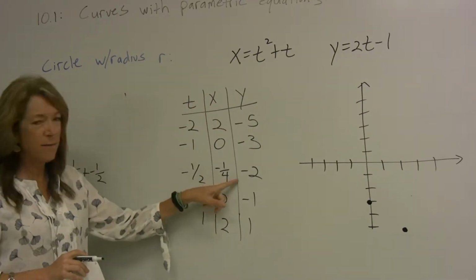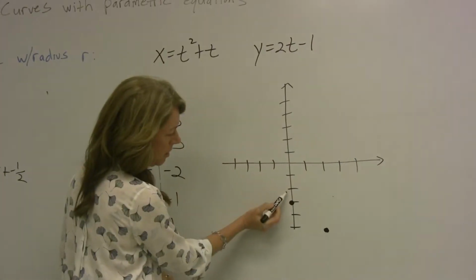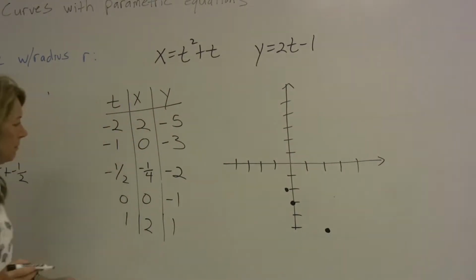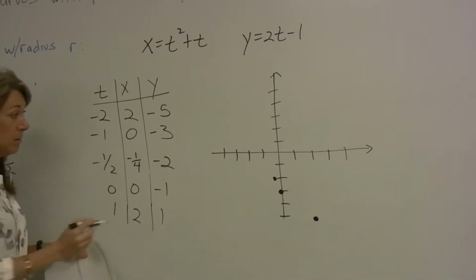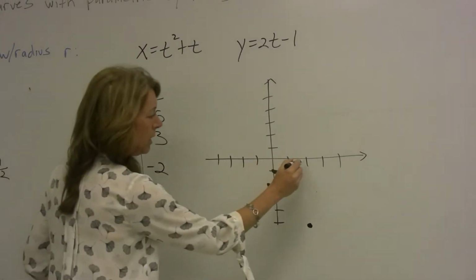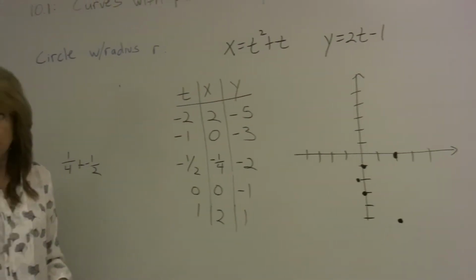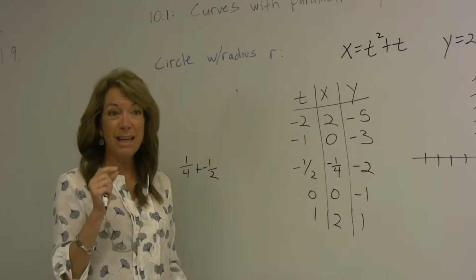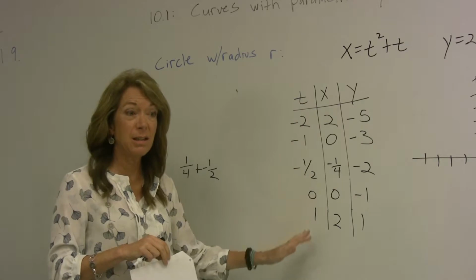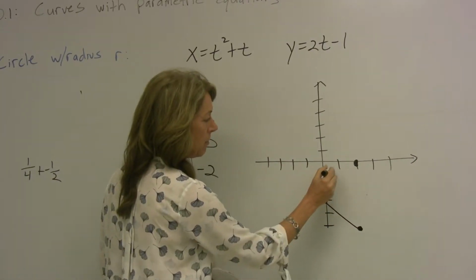Then I'm at -1/4, -2, which is about there. 0, -1. I have to connect those in the order that I found them, because I have to connect them in the order of increasing t's. So I have to start here and connect them in this direction.